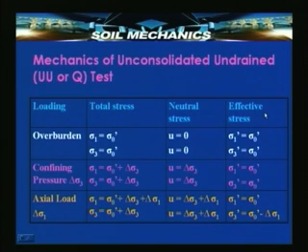Next, if we take the unconsolidated undrained test UU, here since even during the application of confining pressure consolidation is not permitted, we are not allowing any effective stress to develop at all. Then what is the stress that is going to be there in the soil?